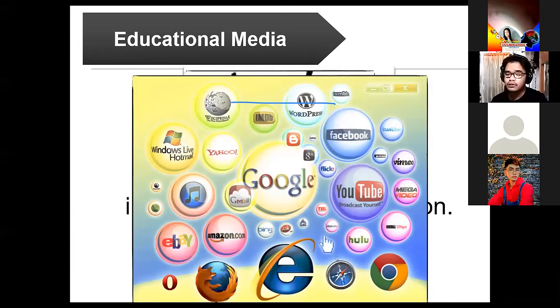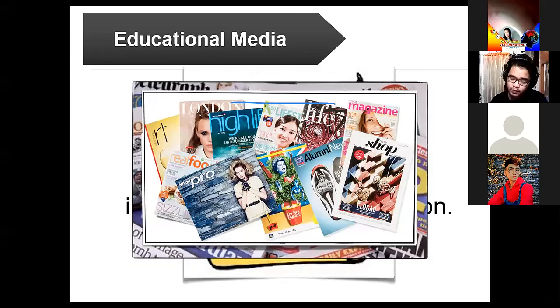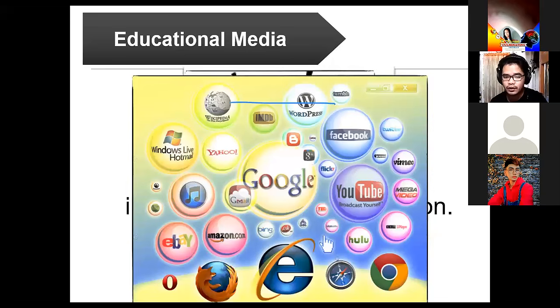Okay? So what do teachers use in delivering information, in giving information to the learners? So it could be a form of paper technologies. It could also be form of digital technologies like the internet or like the televisions or radio technologies. All right?